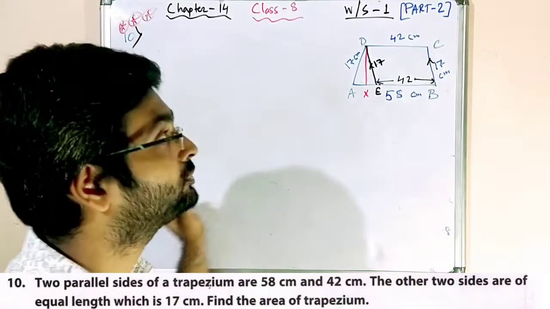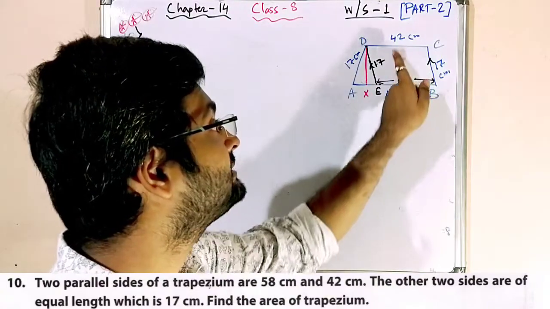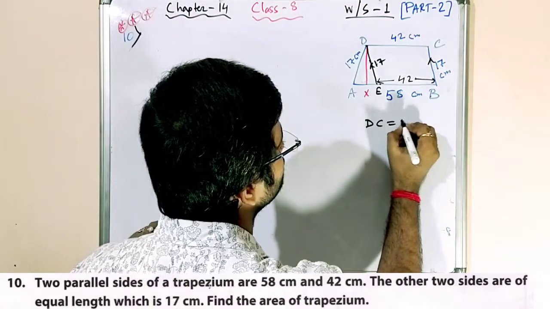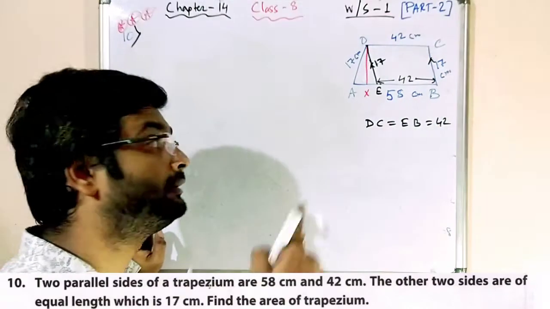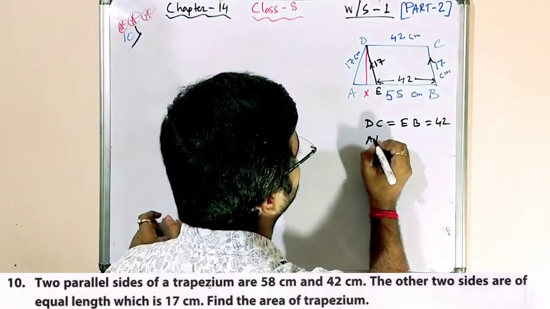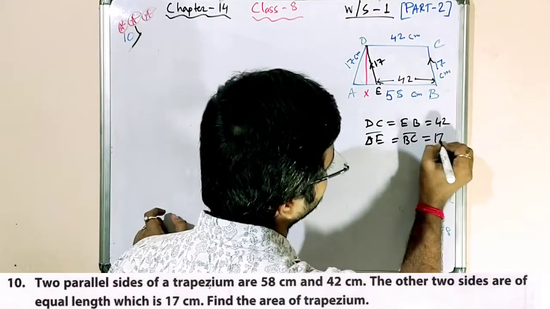Yes or no? Because in a parallelogram the lengths of the opposite sides are equal. So EB is what? 42. So DC equals EB equals 42. Because of what to write? The length of the opposite sides of the parallelogram. Now DE equals BC equals 17 centimeter.